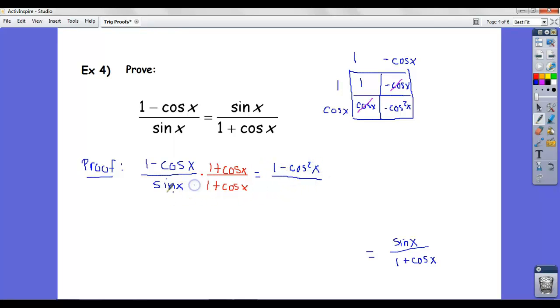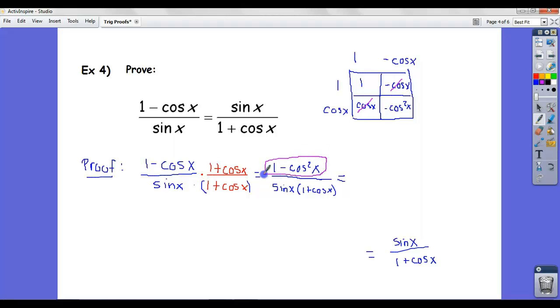The bottom is sine of x times 1 plus cosine of x. Now I'm not going to distribute. The reason I'm not distributing is because what I want to be left at the bottom is this 1 plus cosine x. So I don't want to get it all tangled up with the sine of x. I want to get the sine of x to go away. And it turns out that this is recognizable.